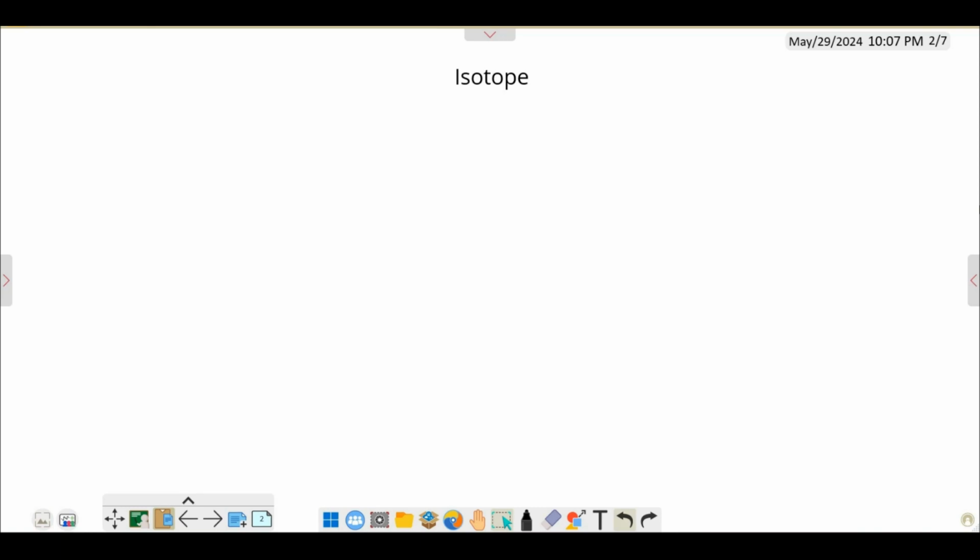Now we will go through an example. Say for example, we are taking 13C6 and 14C6. Now, these are two atoms of the same element, that is carbon.